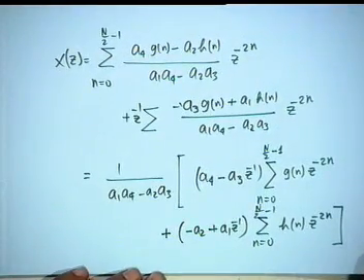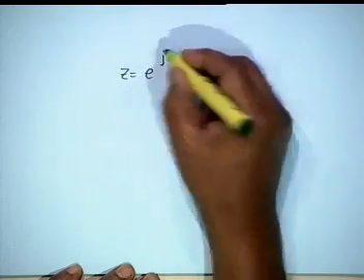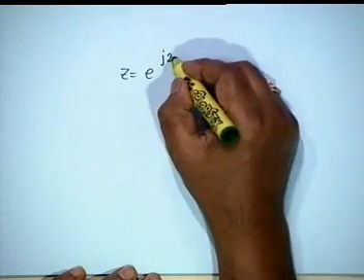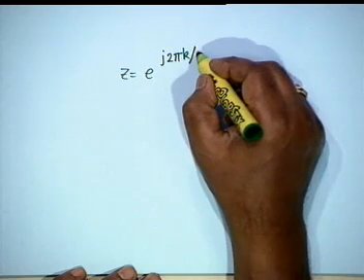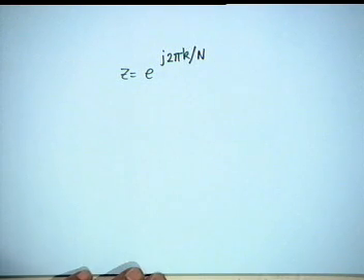Okay. Now we put z equal to e to the power j 2 pi k by n.